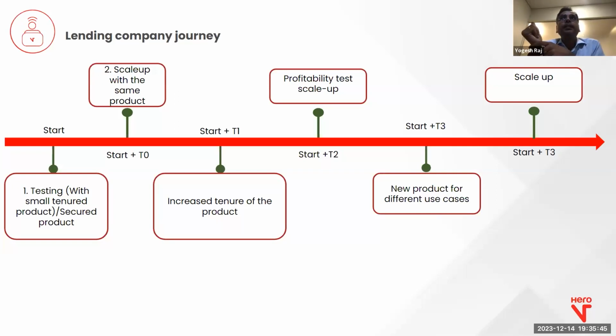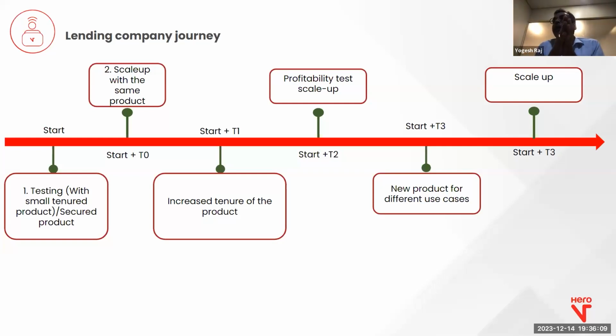Why it is important: let's say if you have 100 rupees only, and you are keeping only a 30-day period, then you can just give somebody 100 rupees. After 30 days, they can repay. You can lend that money to another person. So the same small amount of money is rotating. You don't need a lot of money.